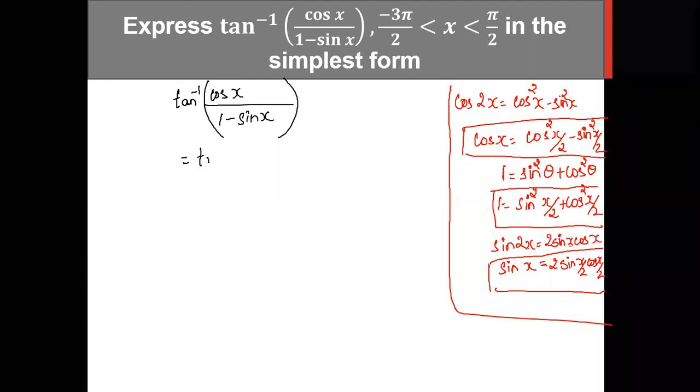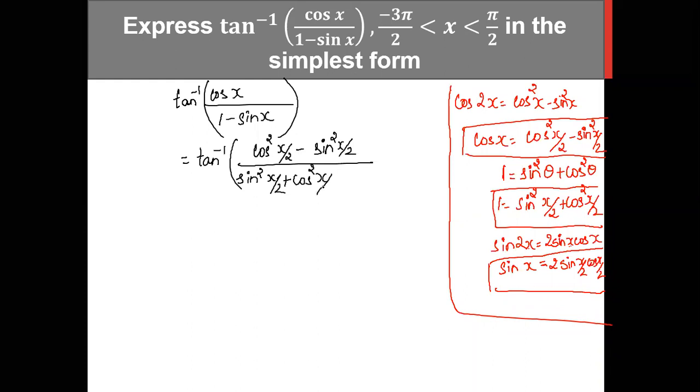So it is tan inverse of, what is cos x? Cos x, I will replace it by cos square x by 2 minus sine square x by 2. That is the formula of cos 2x, divided by 1 replaced by sine square x by 2 plus cos square x by 2, minus sin x replaced by 2 sine x by 2 cos x by 2.